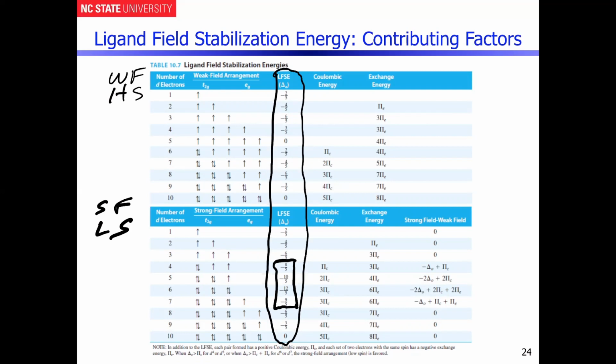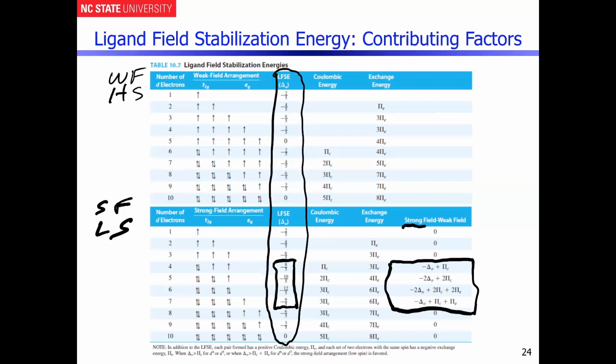configurations. And then, as you can tell, D8 and D9 and D1 to D3 all look the same otherwise, but those are the special cases. And the special cases really show you what is the difference between the high spin and low spin configurations. And this is really all you need to know: if you take all of the Coulombic energy, all of the exchange energy of the strong field case, as well as the ligand field stabilization energy, and then subtract that from the corresponding values that you see in the weak field case.